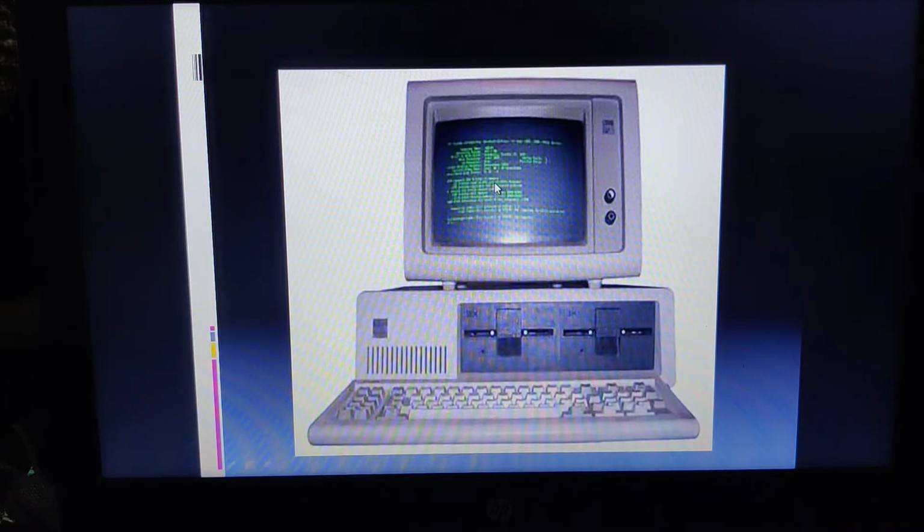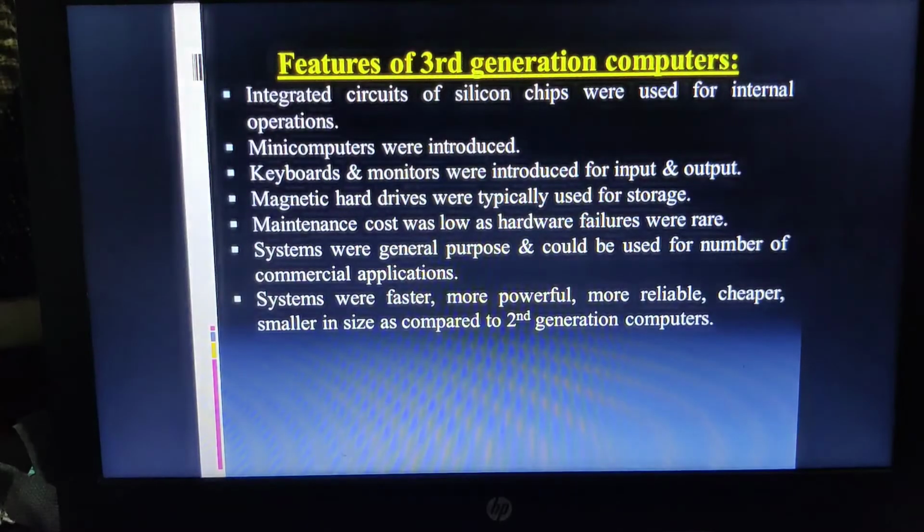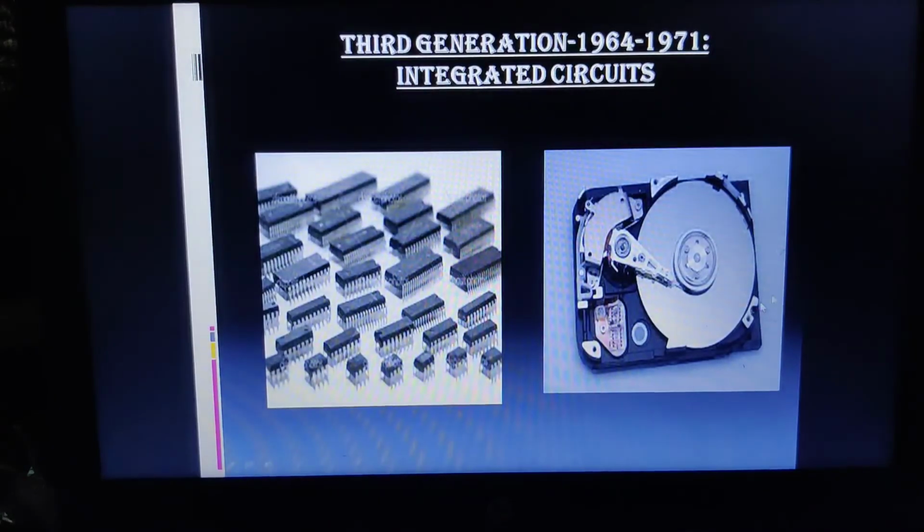Apart from this, for storage memory we were using magnetic hard drives. Maintenance cost was very low as hardware failures were very rare, or very negligible.